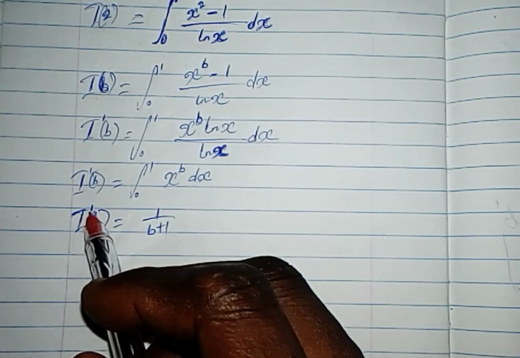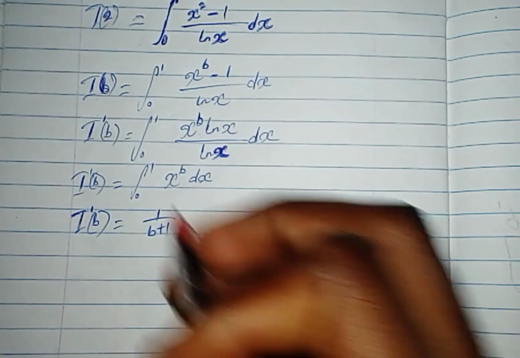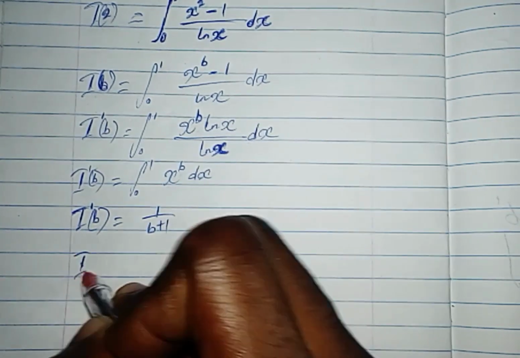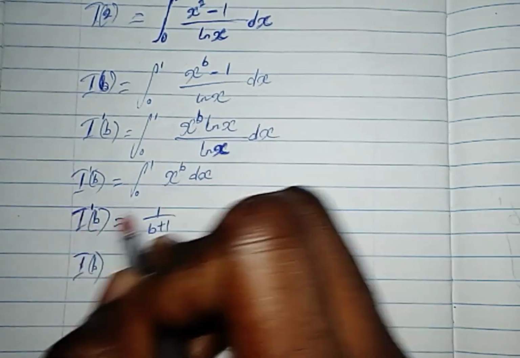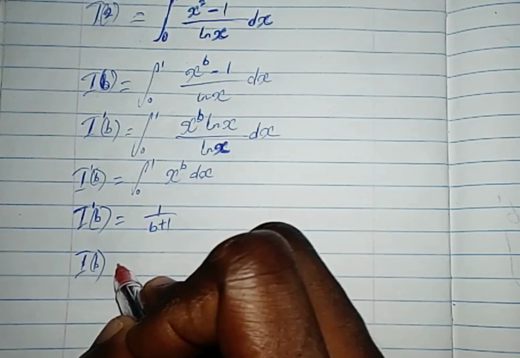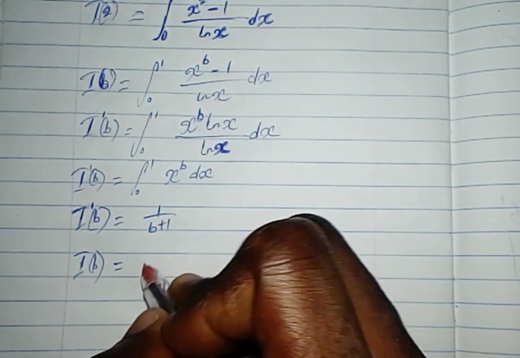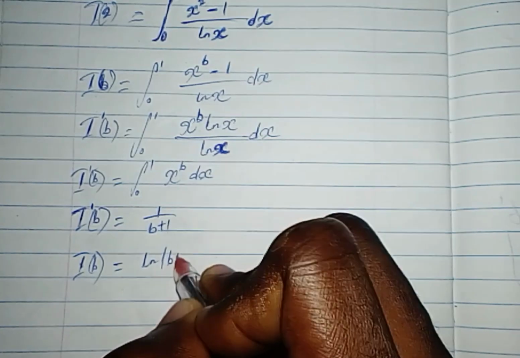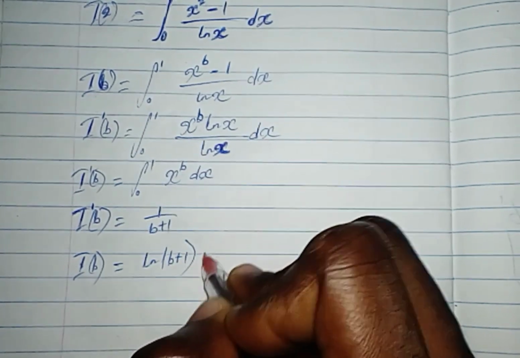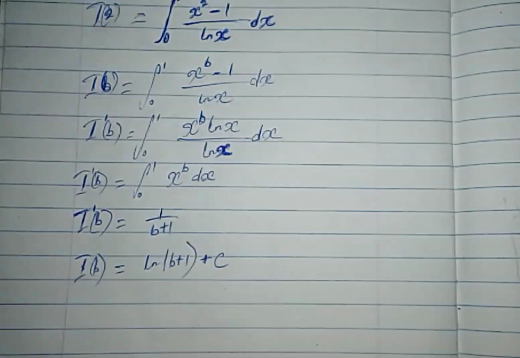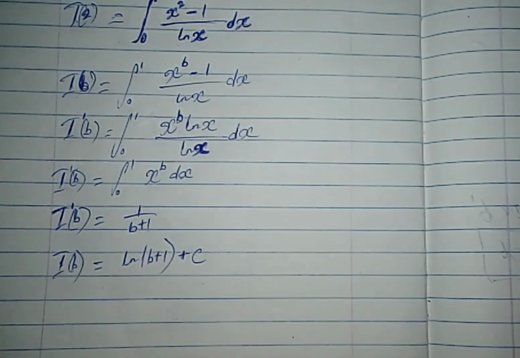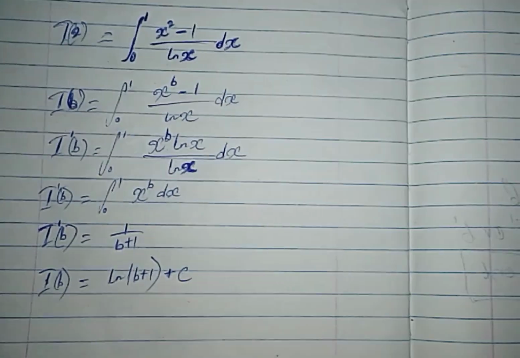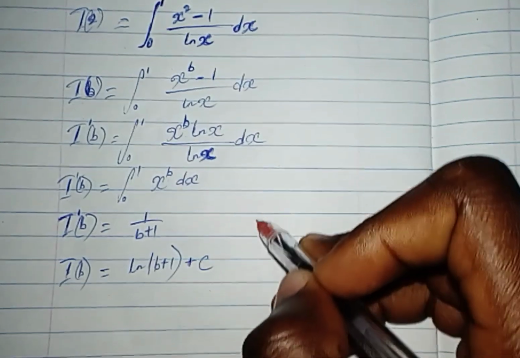But we are not to find I prime of b, we have to find I of b. So integrating both sides, we have I of b equal to the integral of this. The integral of this is just ln of b plus 1 plus our constant c. We have to find our constant c since we are dealing with a definite integral.